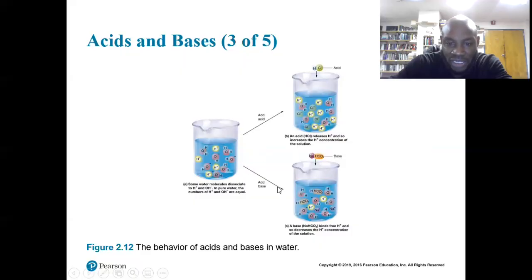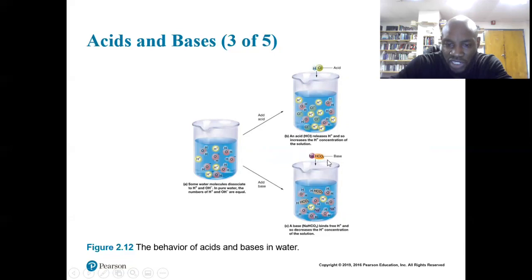If I add in a base, sodium carbonate, here you'll see that it'll dissociate.